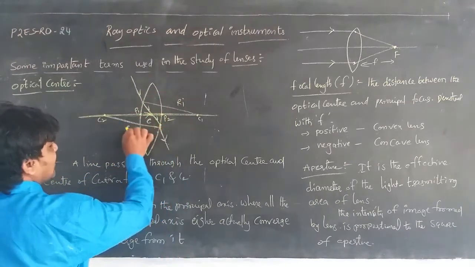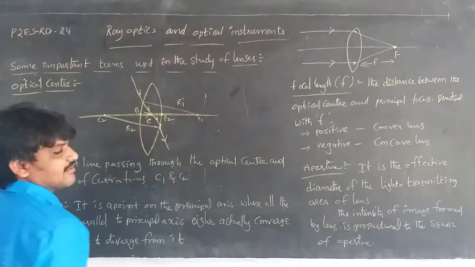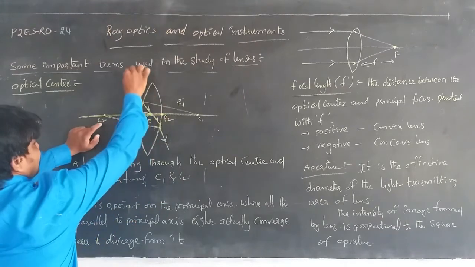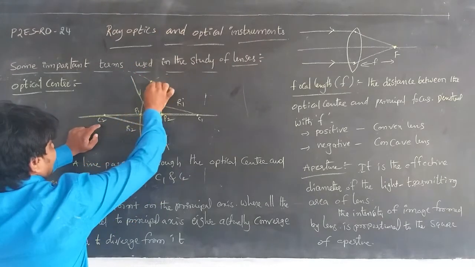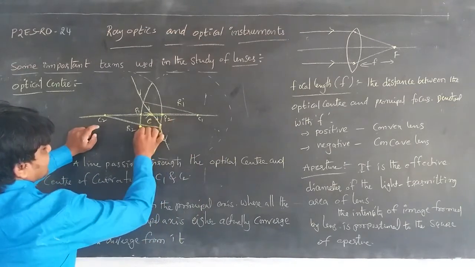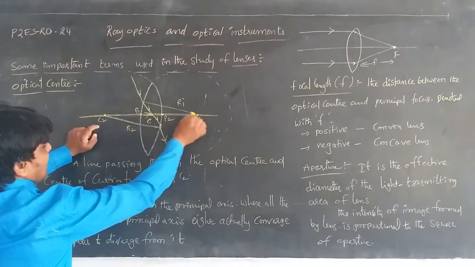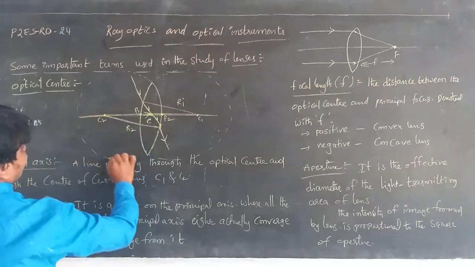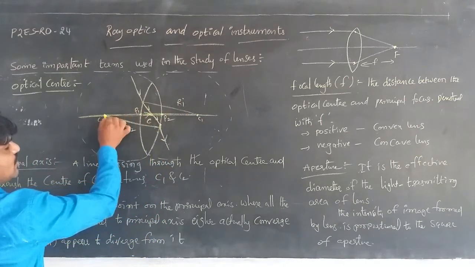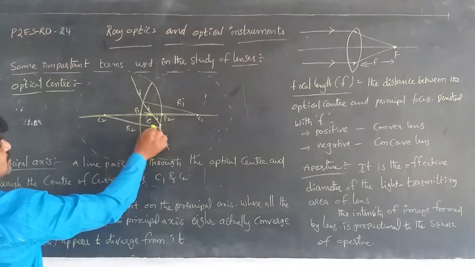Let R1 and R2 be the radii of curvature, and C1 and C2 the centers of curvature. Taking this imaginary line, we measure the first surface, so that is C1, and if we draw another imaginary line, this will be the second surface, so that is C2. The distance from the pole to the center of curvature is the radius.